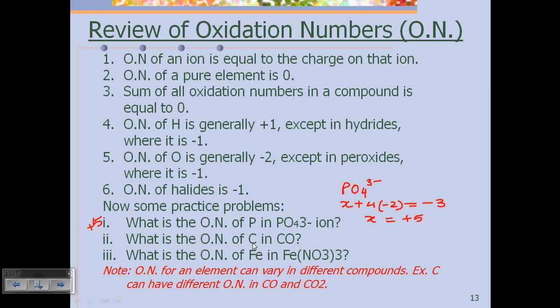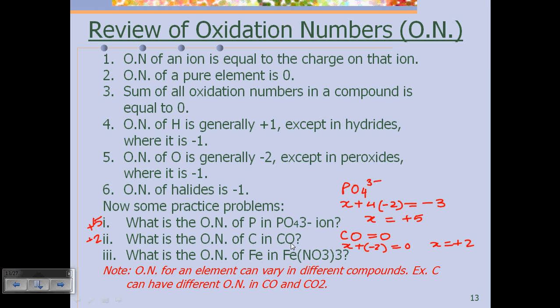What is the oxidation number of carbon in carbon monoxide? You know it's a neutral compound, so the sum of all oxidation numbers is 0. X plus negative 2, X is equal to plus 2. So the oxidation number of carbon in carbon monoxide is plus 2. At this point, I want to bring your attention to the fact that the oxidation number of an element can change in different compounds.